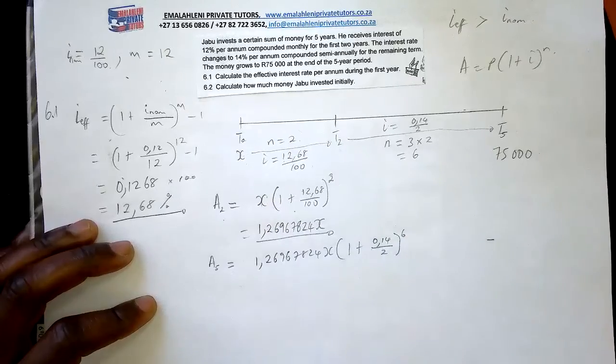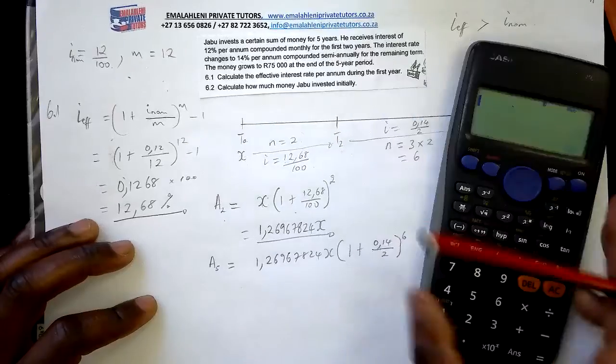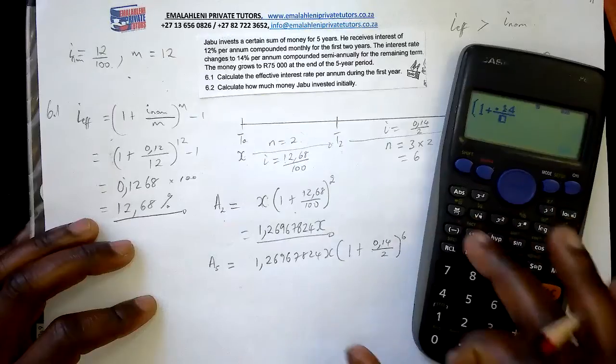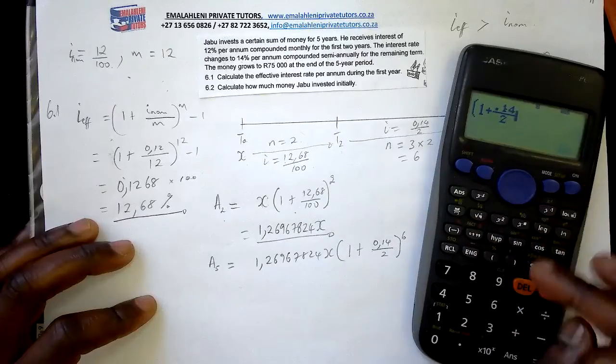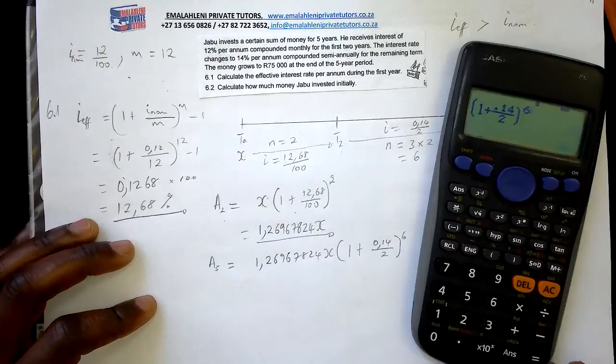Okay, that's what we're getting there. Then we want to see what we get inside here. 1 plus 0,14 over 2 in bracket to the power of 6. What do we get?